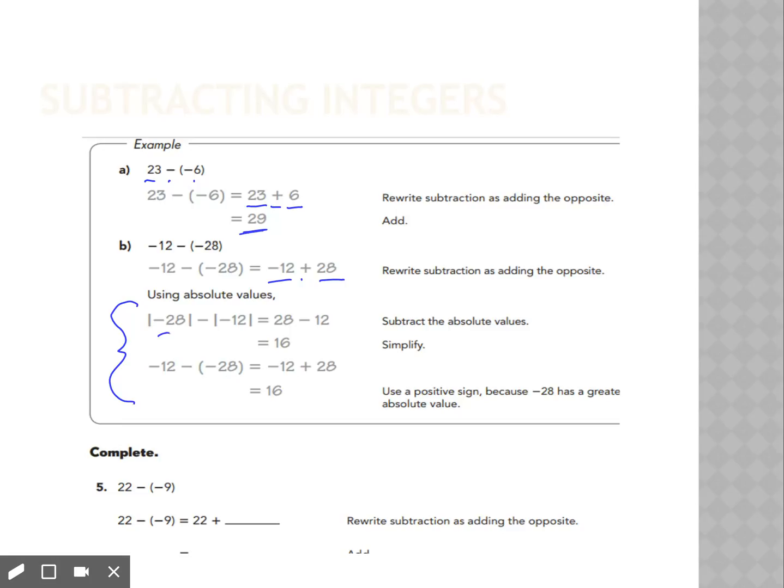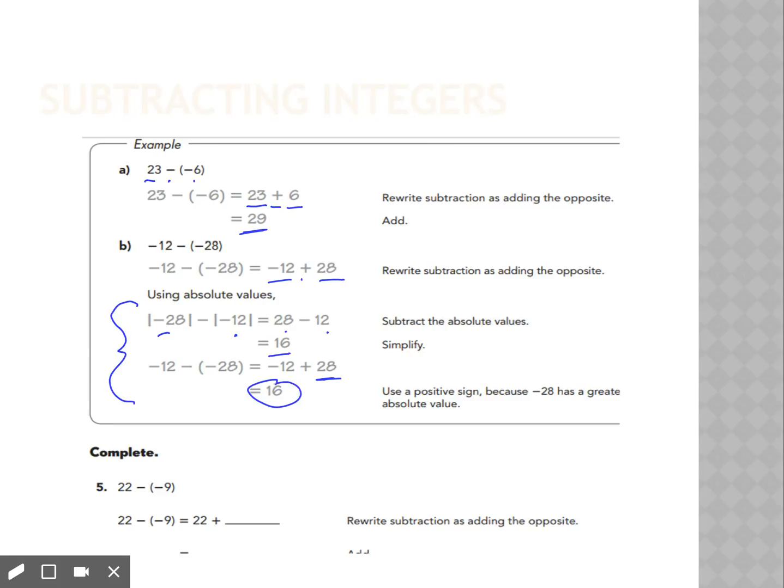So the absolute value of negative 28 minus the absolute value of 12, or 28 minus 12, is 16. And we will keep the sign of our digit with a larger value. So 28, which is positive, has a larger value than 12. So your answer is a positive 16.